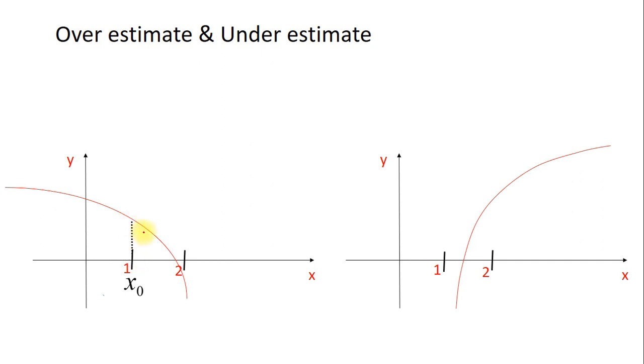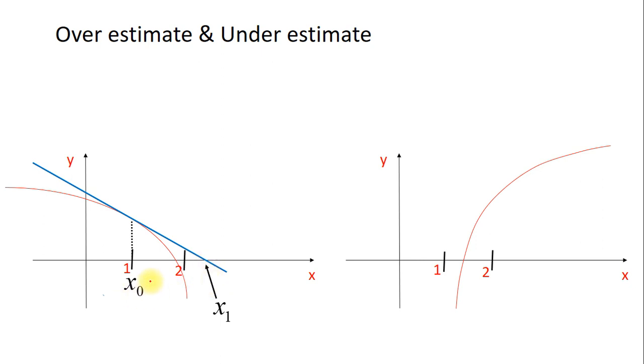Now how do we know where x1 will be? Yes, by drawing a tangent. By drawing a tangent at this point, because Newton Raphson method is actually using the tangent of here. So if you draw a tangent at this point, you will see that your first approximation is over here, x1.